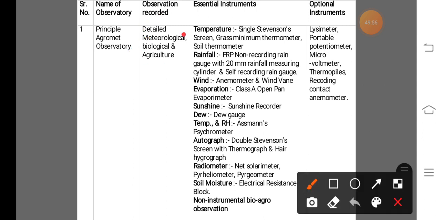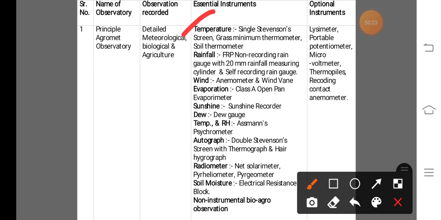For recording temperature, a single stimulation screen is necessary. That means in the single stimulation screen, dry bulb, wet bulb, maximum and minimum thermometers are included. Also for temperature, a grass minimum thermometer, and for soil temperature, a soil thermometer is installed. Next, for recording rainfall, a non-recording, that means FRP, rain gauge with a 20 mm rainfall measuring cylinder is necessary.